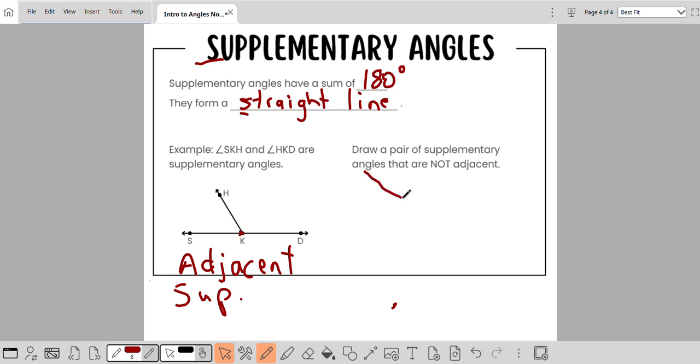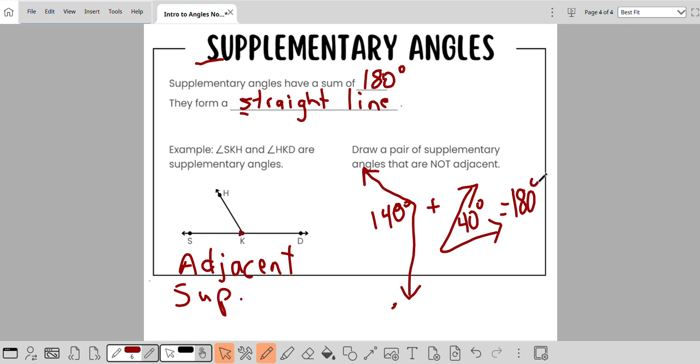So first I'm going to try my best to draw a big old 140-degree angle. Please don't measure them, because I guarantee you they're not accurate. And how about we add to that a 40-degree angle? Guess what that gives us? It gives us 180 degrees. So they are supplementary, but they are not adjacent.